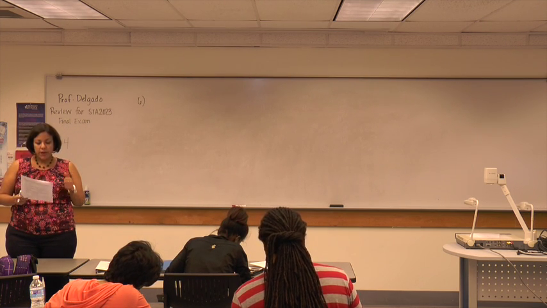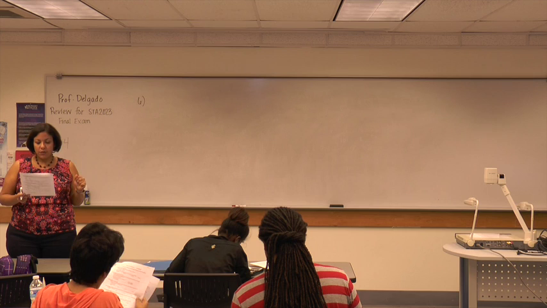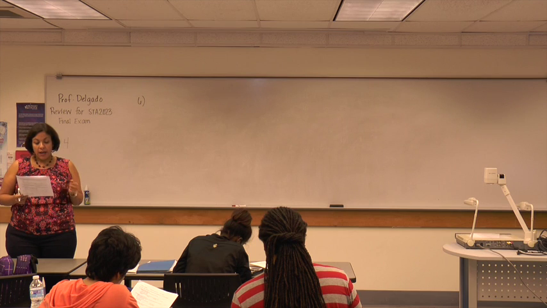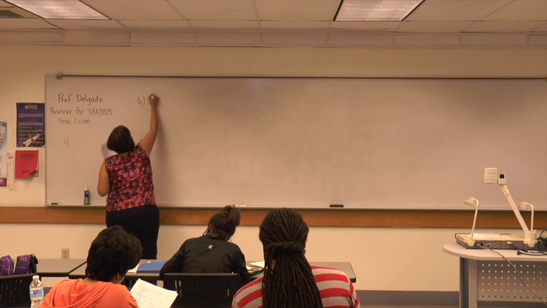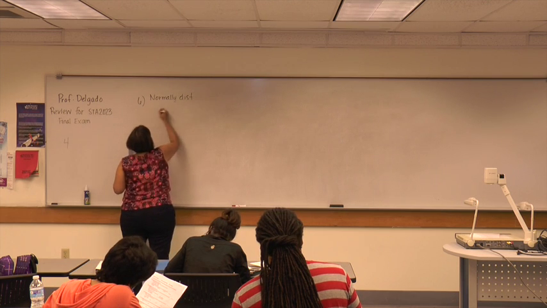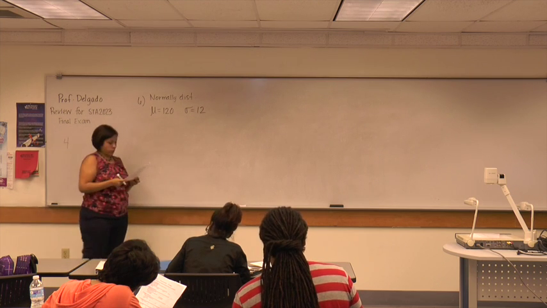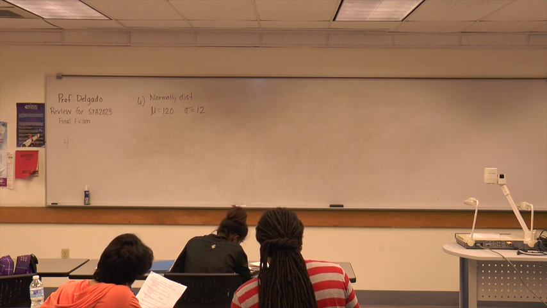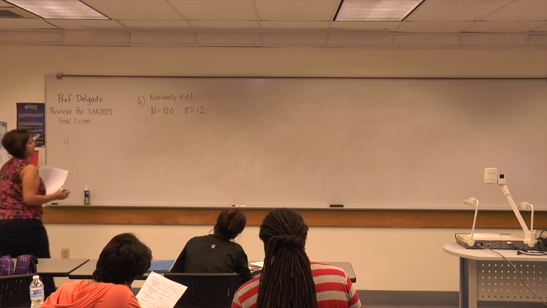Number 6, use the empirical rule to solve the problem. The systolic blood pressure of 18-year-old women is normally distributed with a mean of 120 mmHg and a standard deviation of 12. What percentage of 18-year-old women have a systolic blood pressure between 84 and 156?